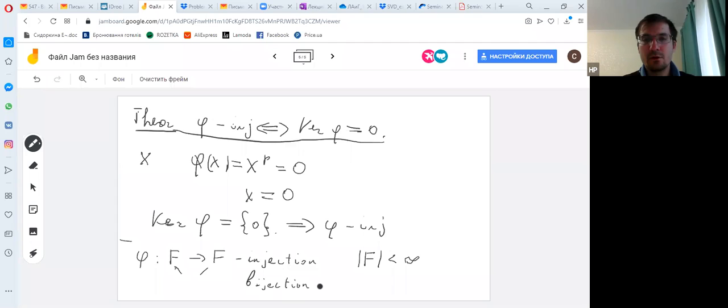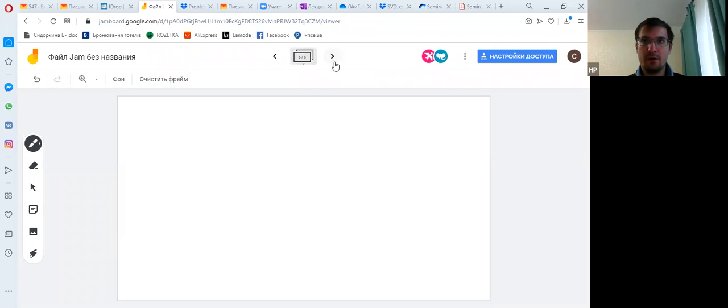And by definition, an isomorphism is just a homomorphism which is a bijection. So, of course, in the case of a finite field, every injective homomorphism is an isomorphism.